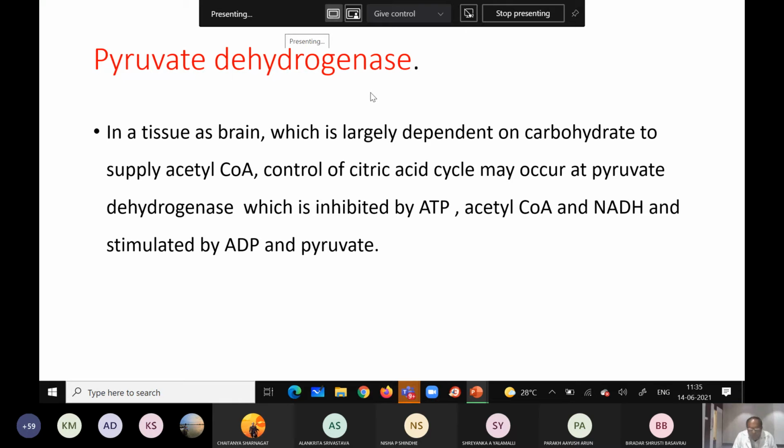Certain tissues or organs like the brain are totally dependent upon the supply of glucose only for the sake of getting the supply of acetyl CoA. In that case, the action of pyruvate dehydrogenase will be inhibited by more formation of ATP, and again the regulation will take place at the brain level.